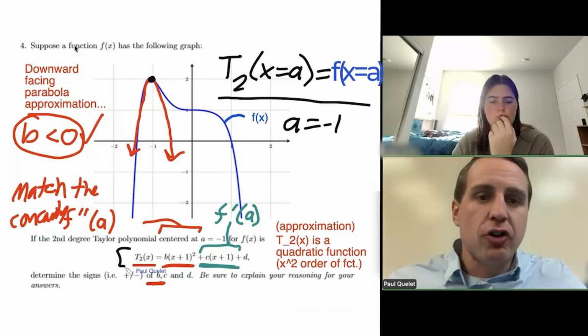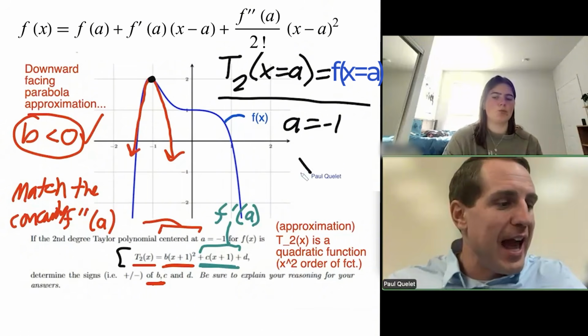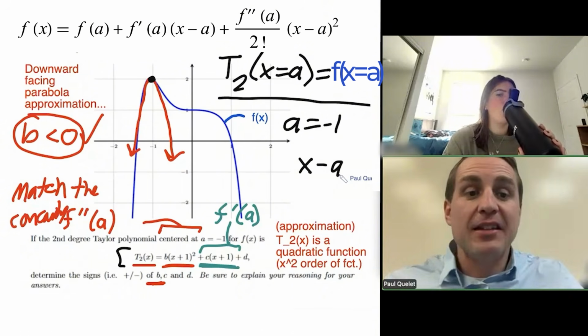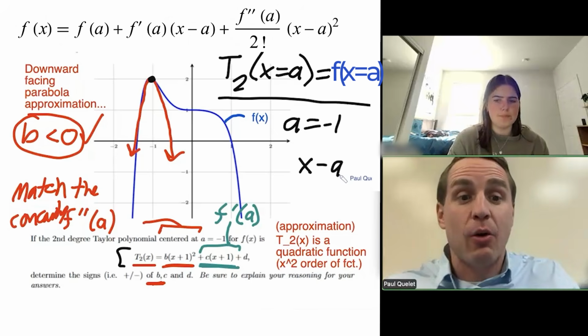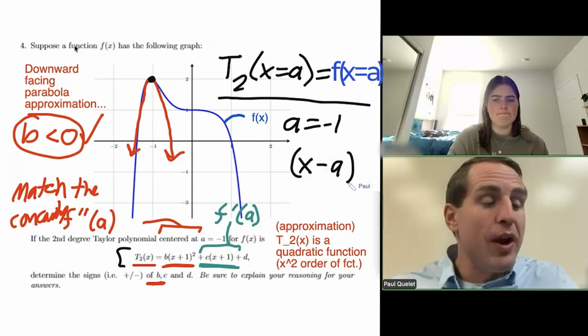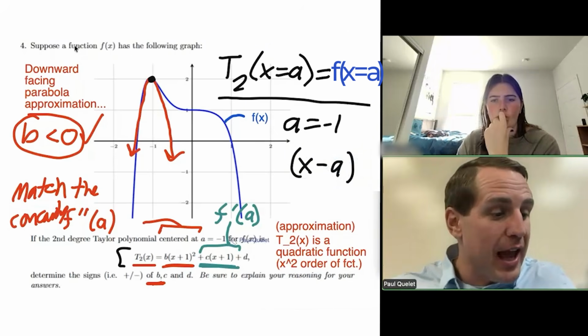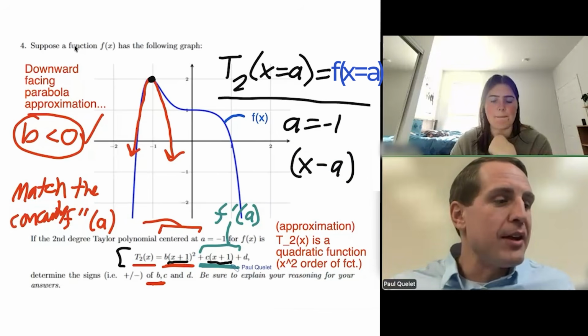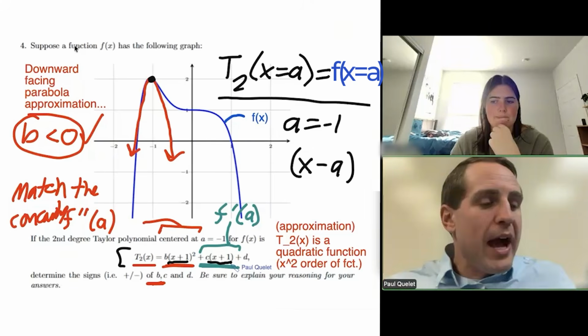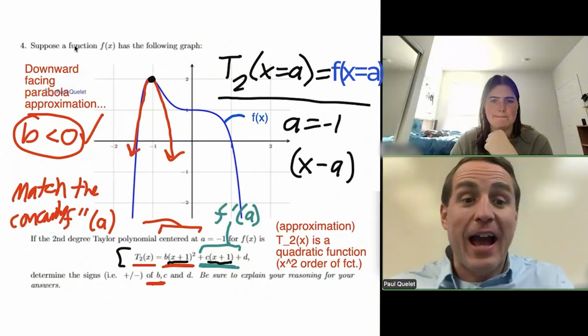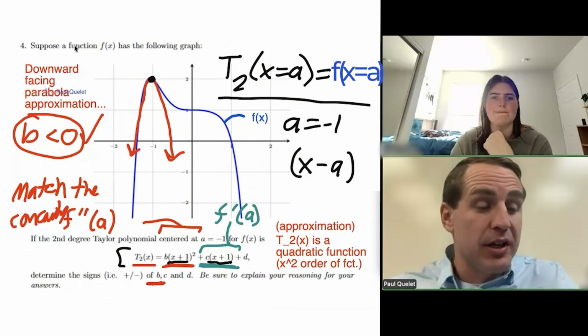Typically, the structure of the Taylor terms is like x minus a, and then it's either to power 1 or to power 2 and so on. So when a is -1, do you see that we're getting x plus 1 terms repeated in there? I bring that to your attention because we actually know that we need to lock in that first derivative at x equal to a, at x equal to -1.